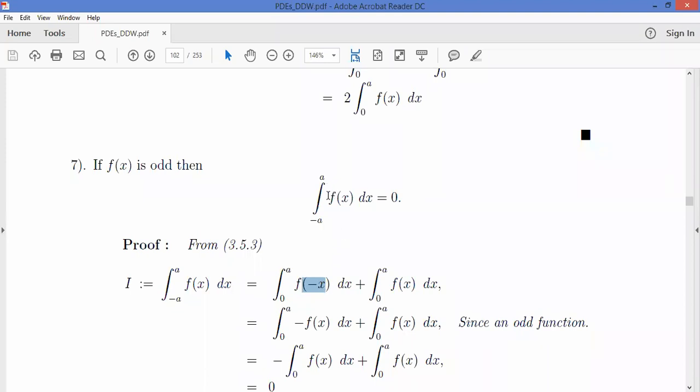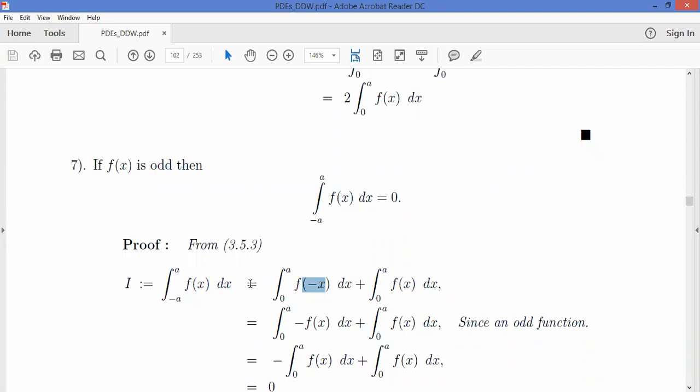To cater for that. But remember, again, negative a to 0 is the same as minus 0 to a.